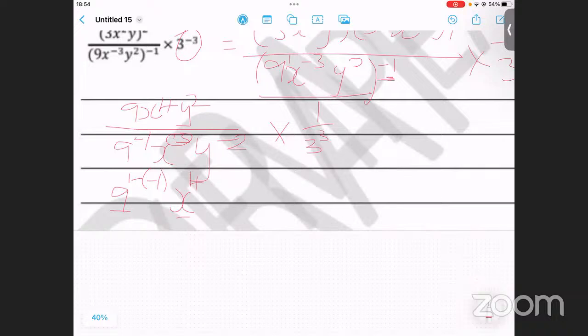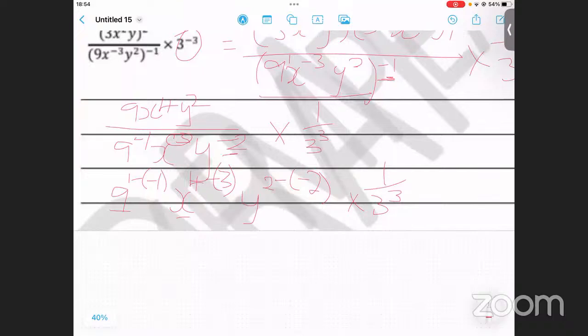So it's x to the power of 4 minus 3. Let's just put a bracket there. And then again, we're going to have y to the power of 2 minus negative 2. Perfect. Then we're going to have 1 multiplied by 3 to the power of 3 there.